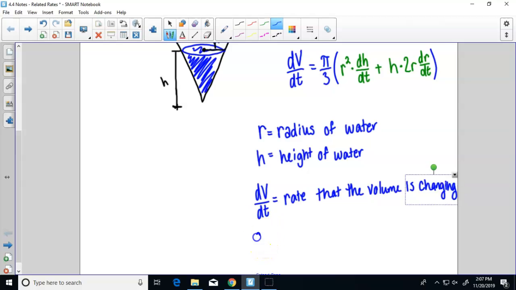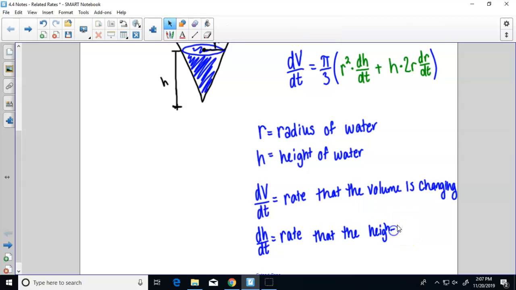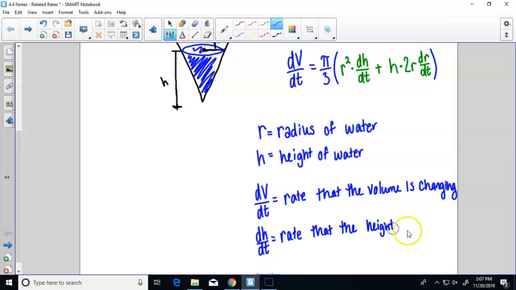When we see dh dt, this is the rate that the height is changing.